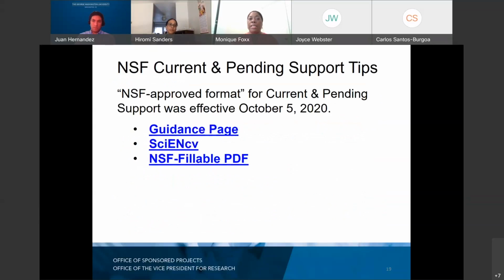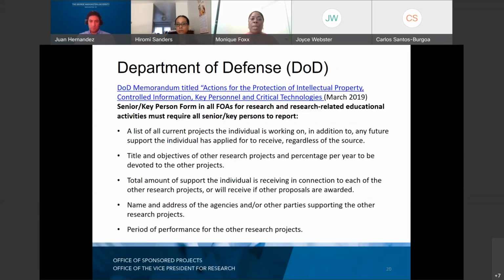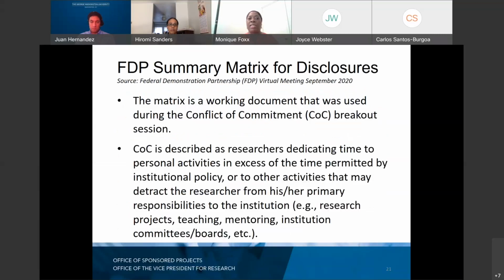Here are some helpful links. Again, the guidance page for NSF current and pending support, information on Science CV, as well as the NSF fillable PDF. Again, I'm not going to spend a lot of time on DoD. They have not made any what we consider recent changes as far as their expectations for reporting for key personnel. So here's a complete list. Please take a look at that when you receive the slides.